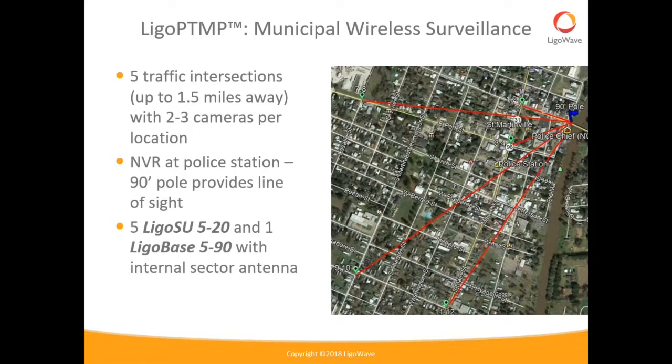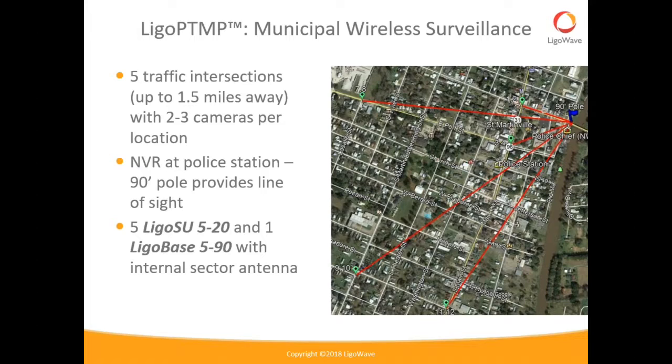This is an example of a multi-point application using the enterprise grade point-to-multipoint gear, which was a municipal surveillance project. The city here was putting cameras on traffic light poles to keep an eye on traffic and traffic patterns and people who were running red lights and so forth. Their NVR was in their police station, which was in the top right corner of the town.